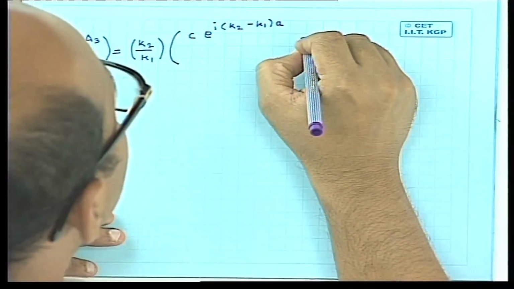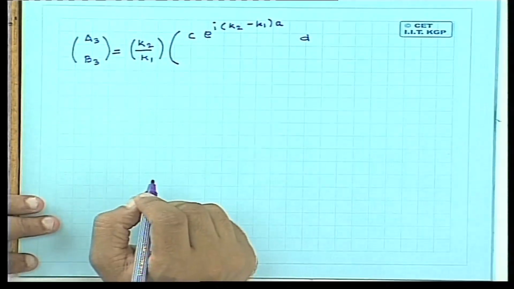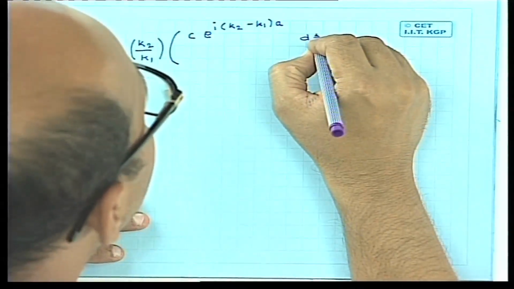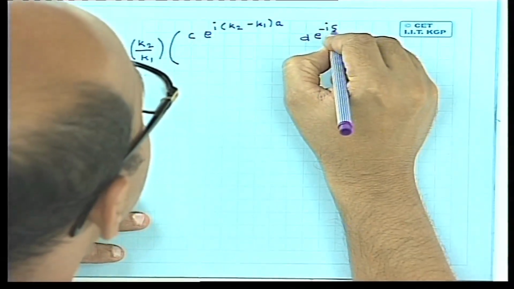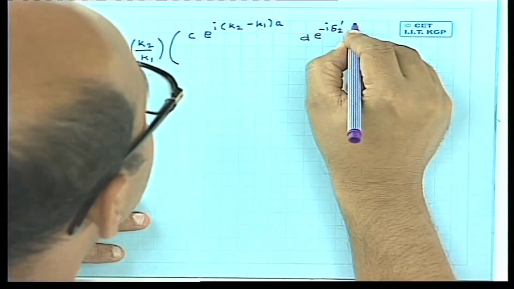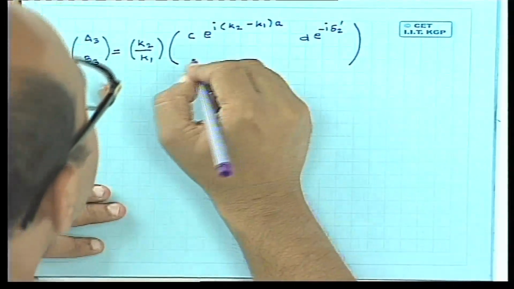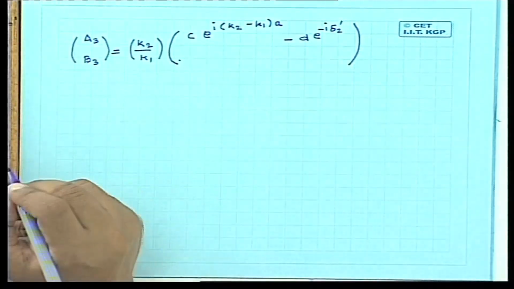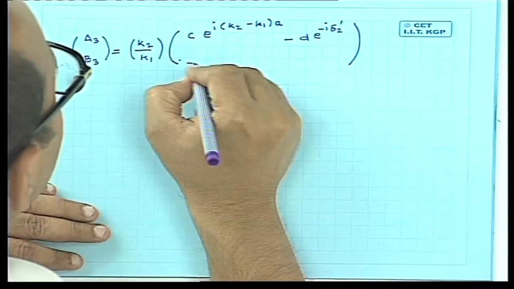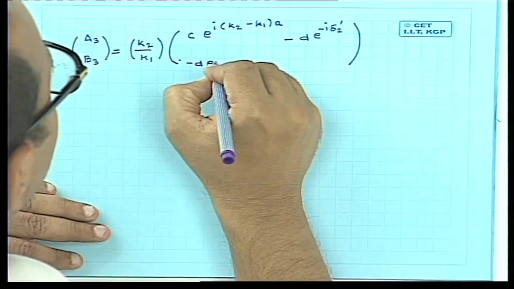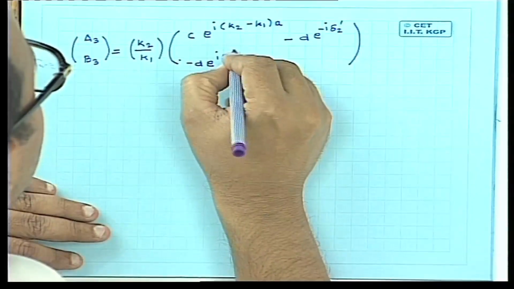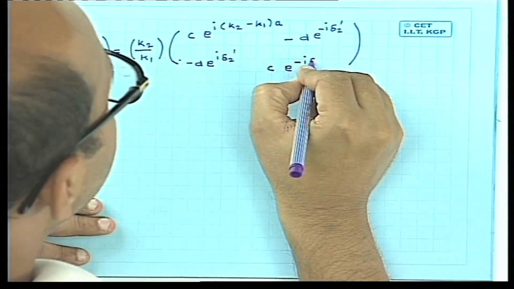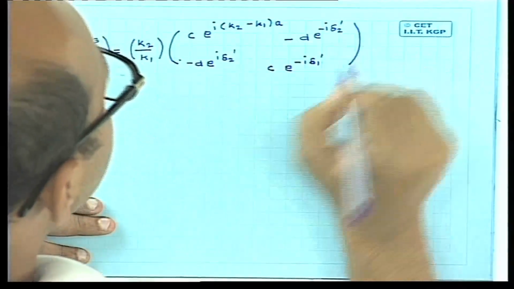Okay. Let us just keep the i delta 2 here. Okay, so we have e to the power minus i delta 2 prime, and then we have minus D here, and we have minus D e to the power i delta 2 prime, and here we have C e to the power minus i delta 1 prime.